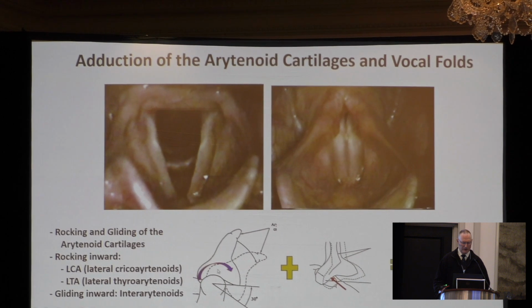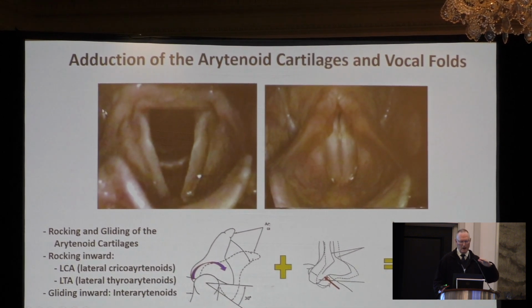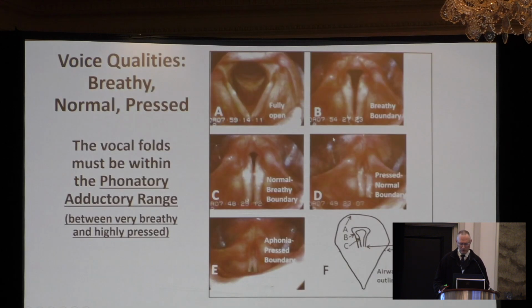That's a combination of this rocking down and in, and gliding up and back. So you go from this abducted position to this adducted position. It looks like the vocal processes basically come straight across, and voila, they actually kind of do. So that's kind of cool.